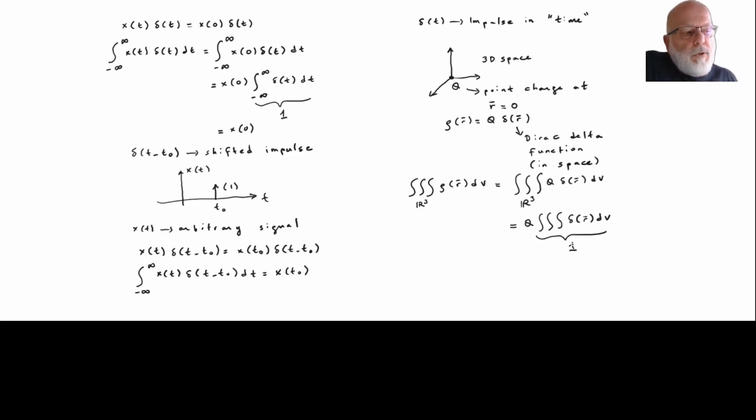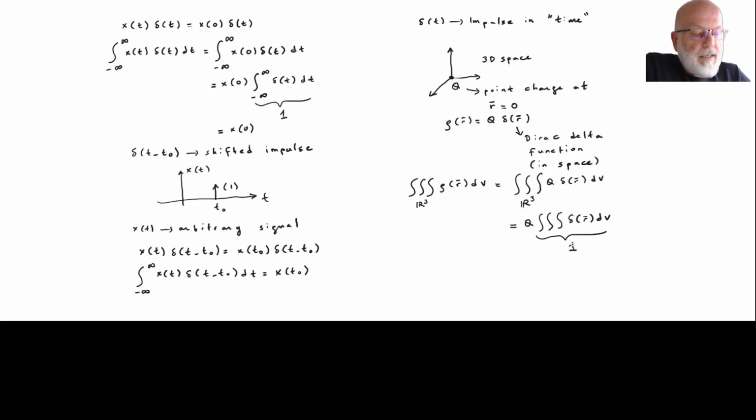Okay, so in this video we have seen the Dirac delta function or impulse function or delta function. These names are used interchangeably in the literature, both in signal theory as a signal, as a pulse with zero duration and infinite magnitude, and we have seen that in some other applications we may encounter the versions in space.